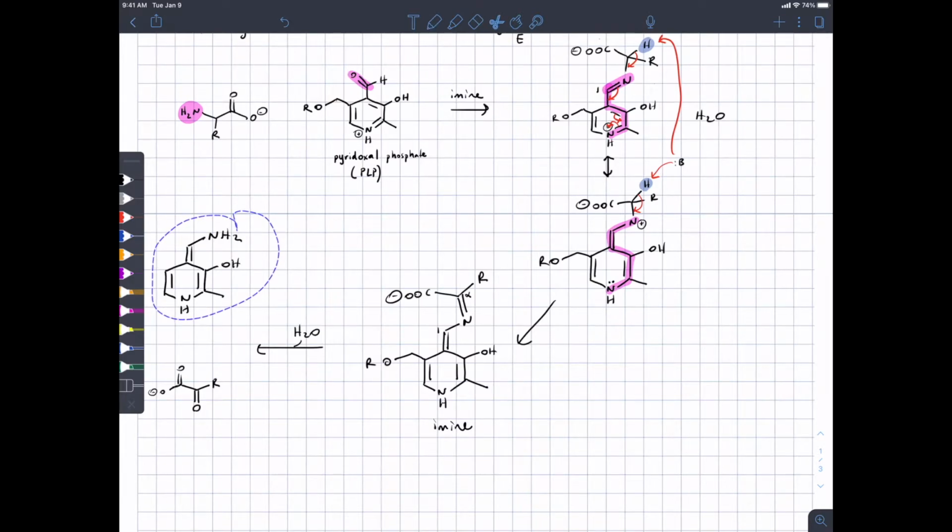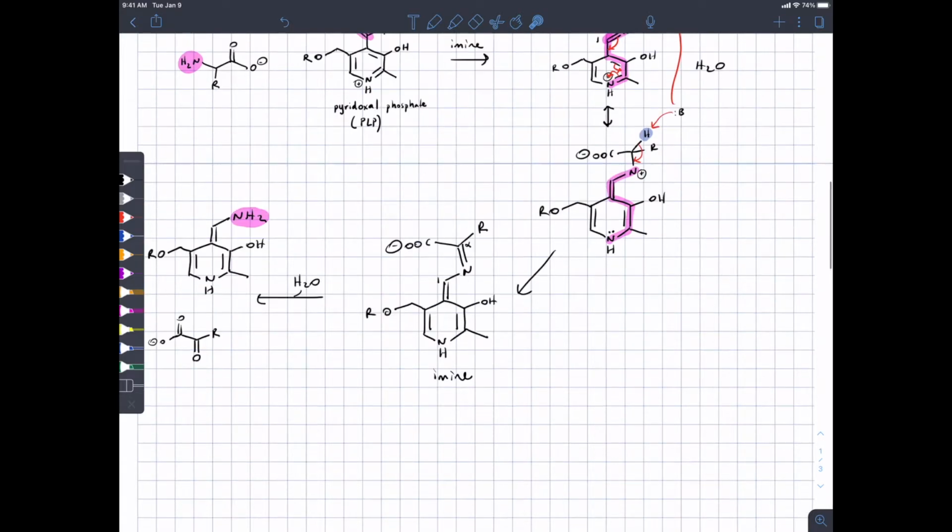Except we need, see, we traded the nitrogen that was on the amino acid, ends up attached to our cofactor. The amino acid that used to have the nitrogen ends up with the ketone. So we've swapped places with functional groups, doing nothing but imine formation and some proton transfers.